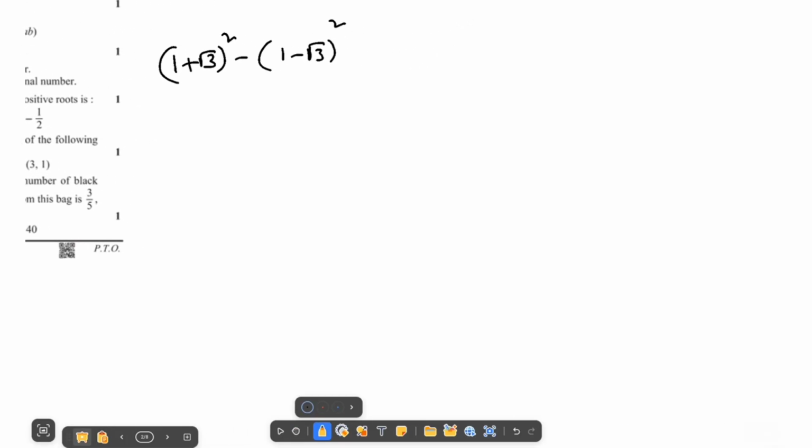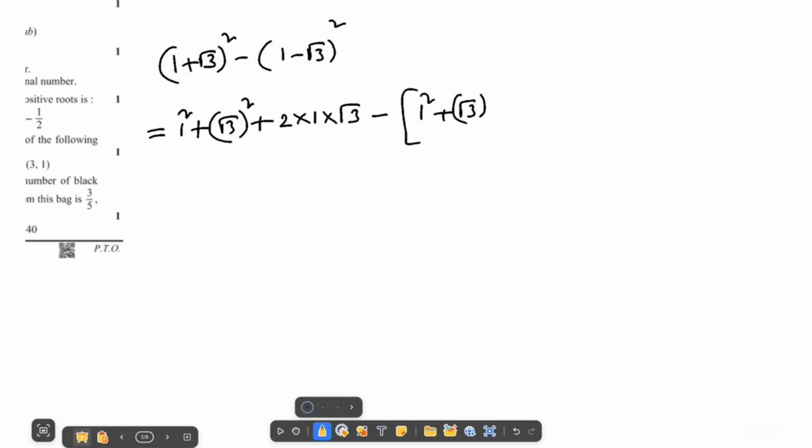So the first one is a plus b whole square. What is the formula? a square plus b square plus 2ab. So a square plus b square, root 3 whole square, plus 2ab means 2 into 1 into root 3. Next minus inside the bracket 1 minus root 3 whole square, a minus b whole square formula, a square plus b square minus 2ab, minus 2 into 1 into root 3.